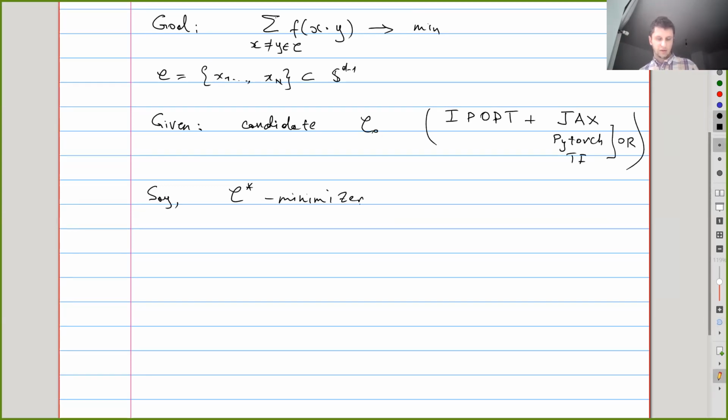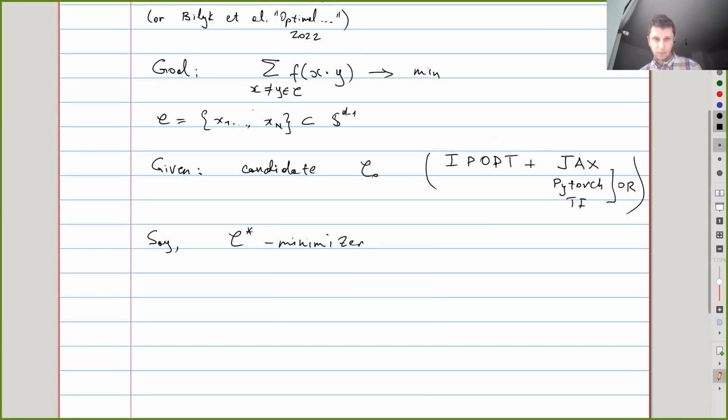What can you say about this C star? Well, I just remembered that Doug calls this H. So this is the H in Doug's notation. My notation is the inverse of Doug's, which is kind of awkward, but we'll try to remember that. So this is your objective function.